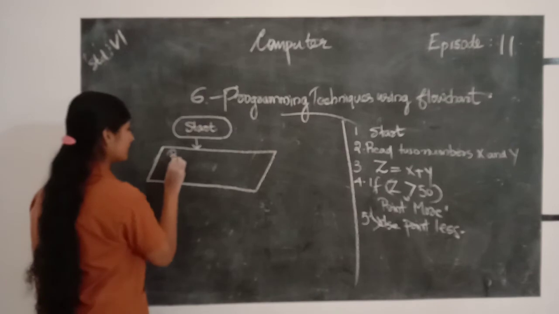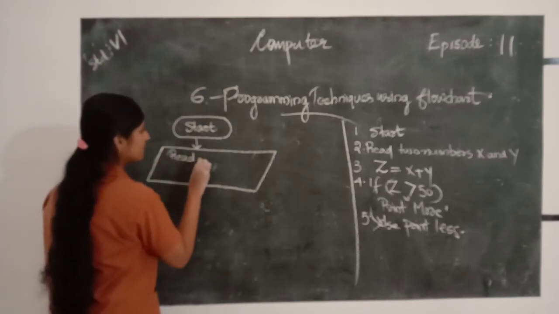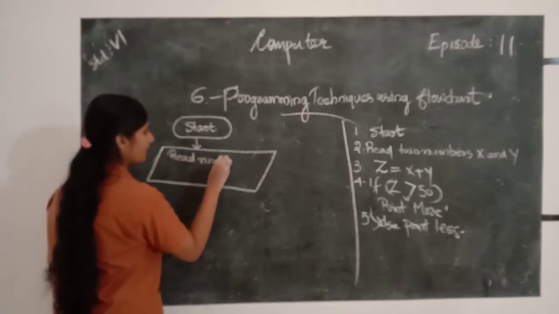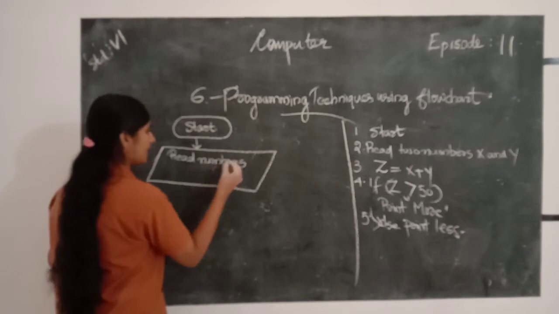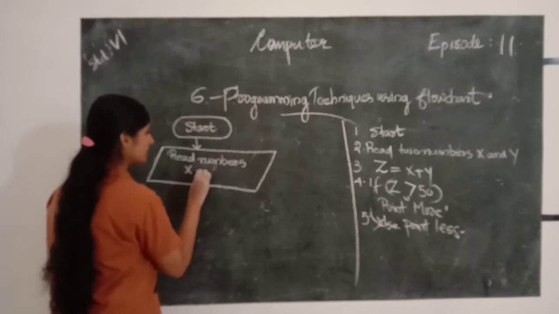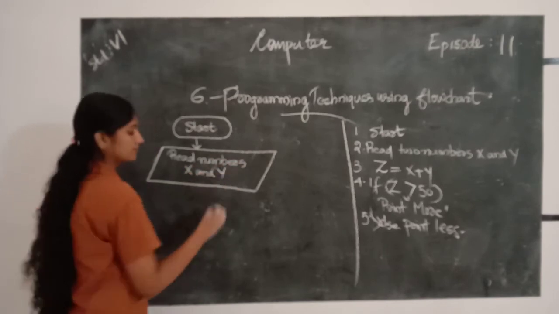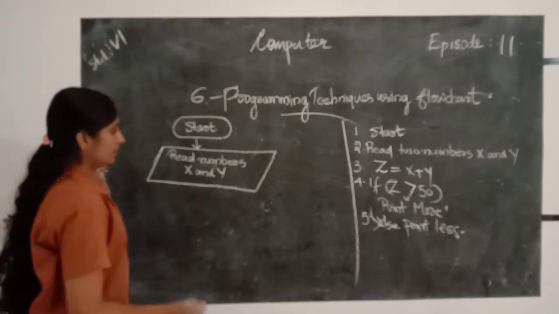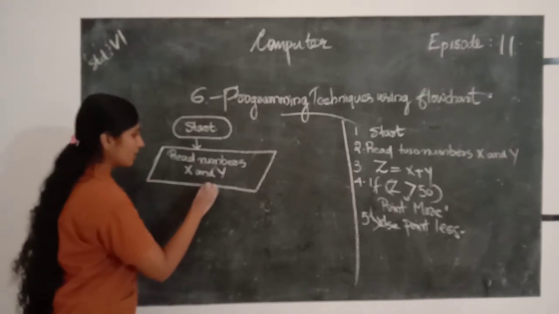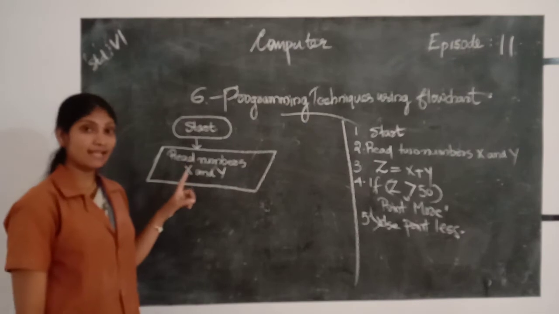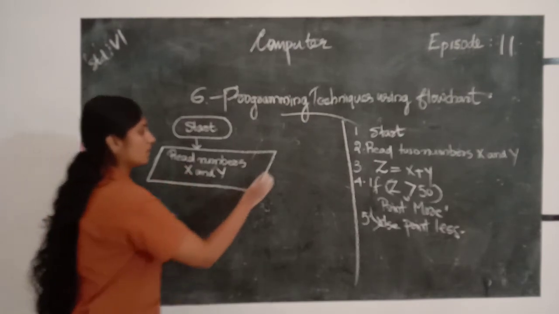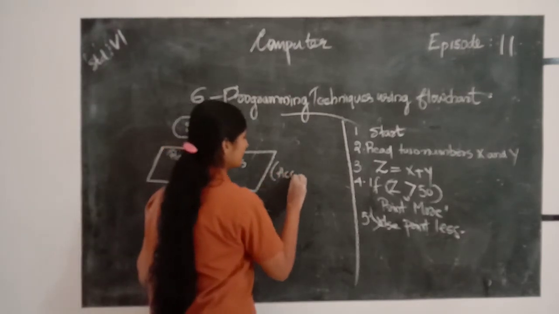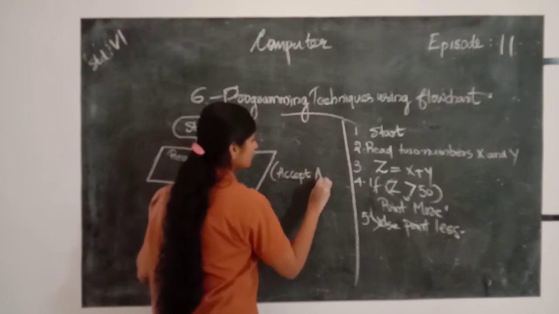Read numbers x and y. Then, or we can write, accept A and B. Also write accept A and B.